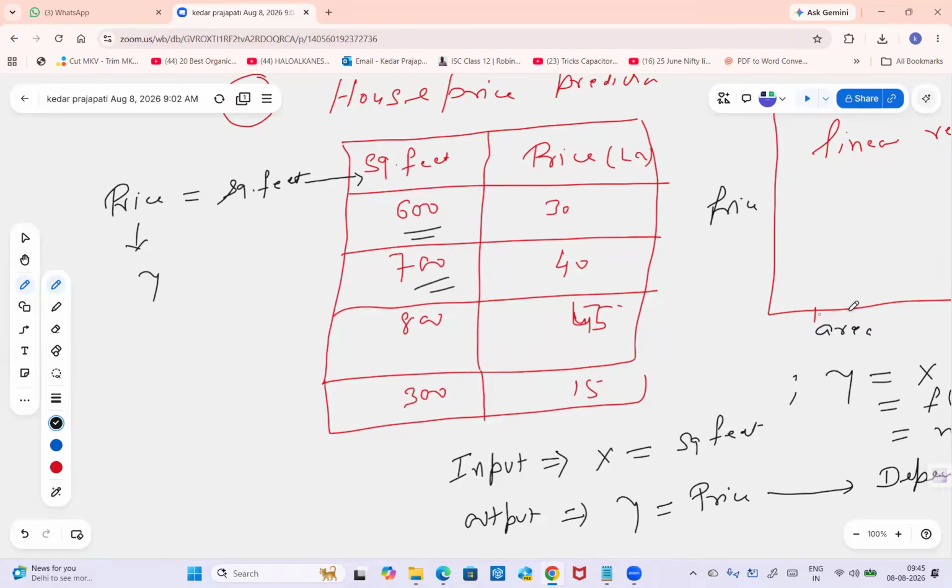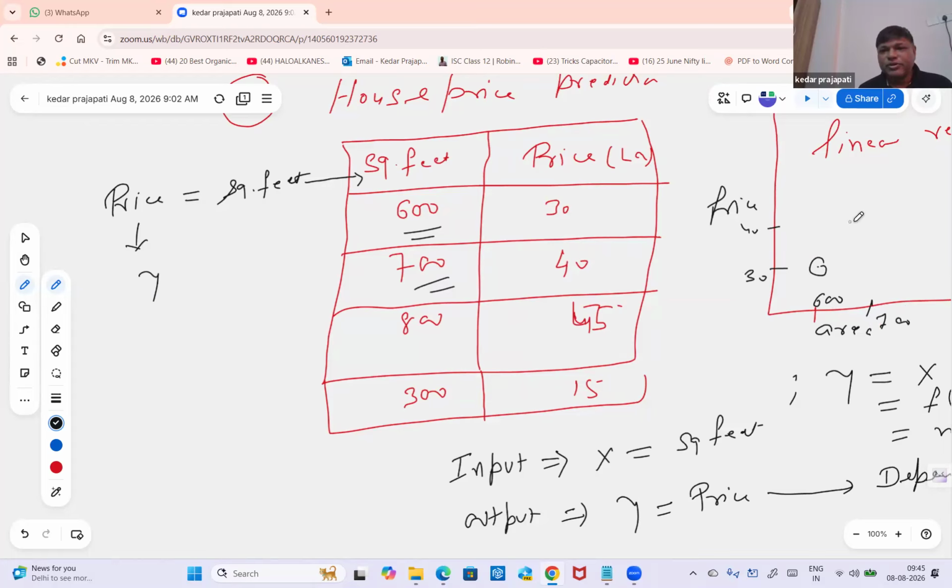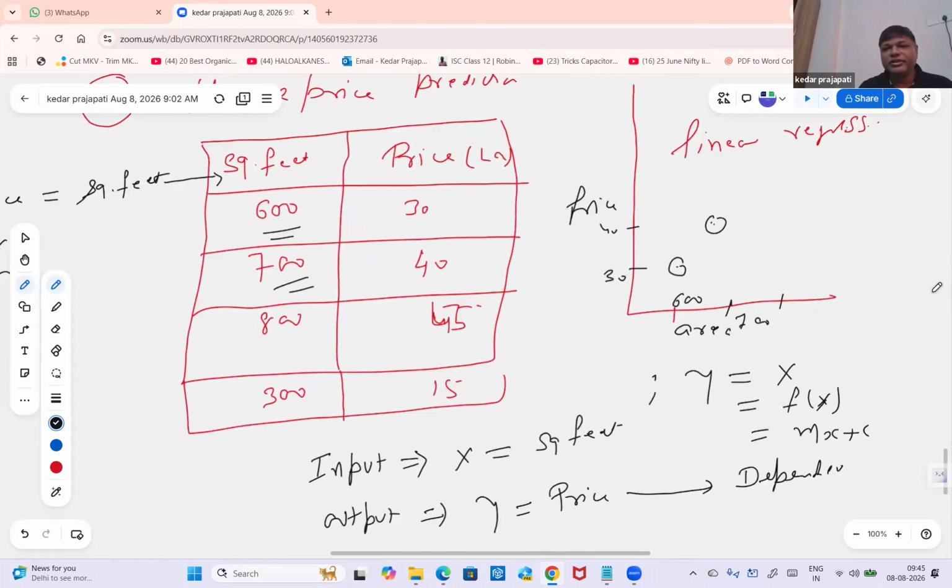If area increases, price goes up. For 600, the price is 30 lakhs, so the point will come here. For 700, 40 lakh, so your point will come here. Similarly for 800, the point will be somewhere here. So if you draw a straight line, it will go like this.